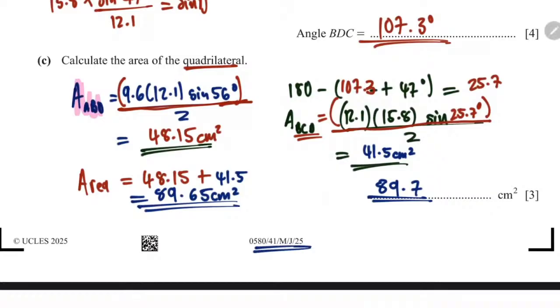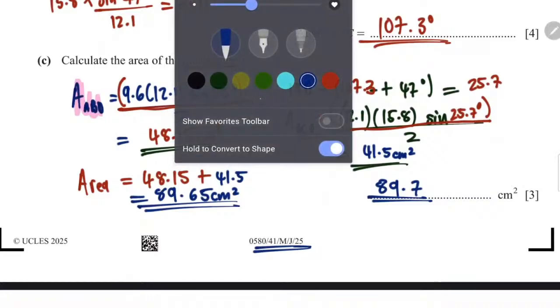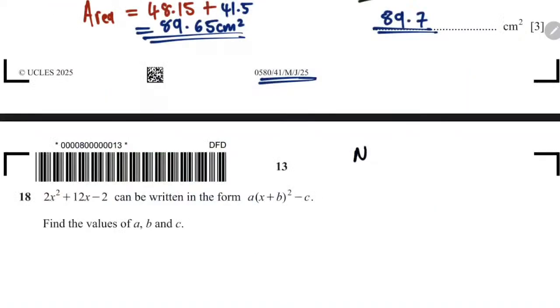Do May, June. Which papers have we done? Do May, June, paper 4-2, paper 4-3, paper 2-1, 2-2, 2-3. Triangle questions. So it's 1, 2, 3, 4, 5. I need to give you 7.